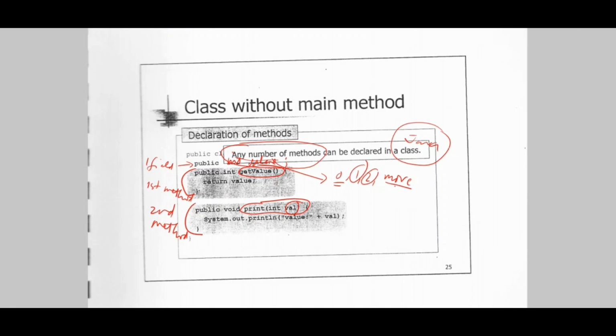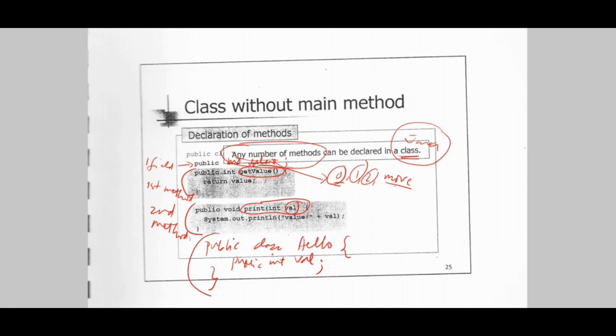Now, since it says here that a Java class may have zero methods, it is possible for a Java class like this one: we say public class hello, open curly, and close curly. Okay, and maybe we have here public int val.